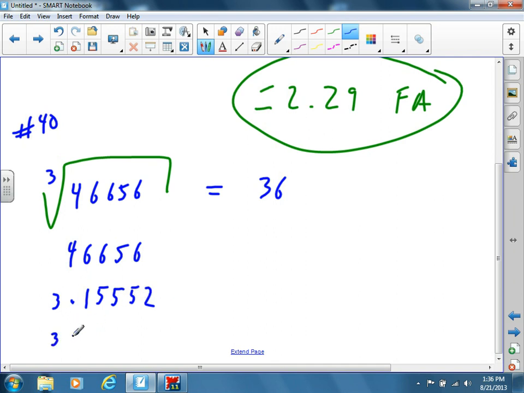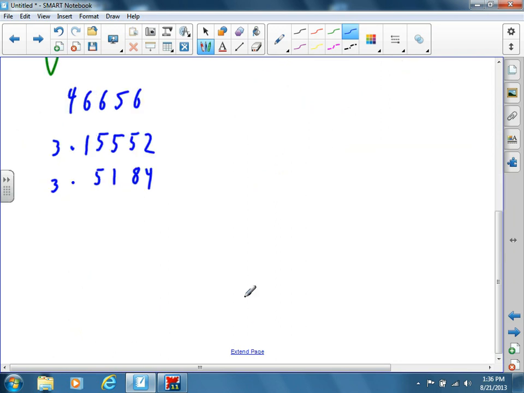So this is 3 times 5,184. Those digits are divisible by 3, so that's 3 times 1,728. That number is divisible by 3, so that's 3 times 576.